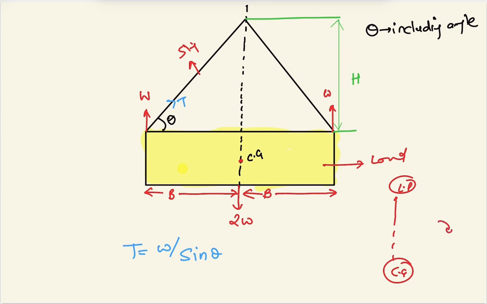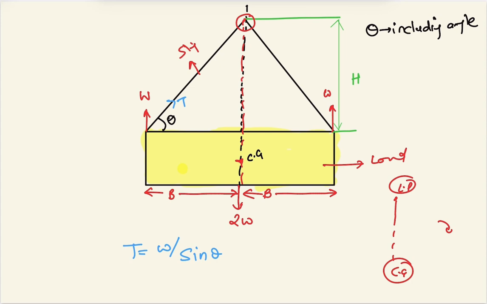It will rotate either this side or that side, and it will affect the rotation. The load also gradually changes. Here we are lifting from this point, and this lifting point is within the CG line. The lifting point and the CG line coincide.